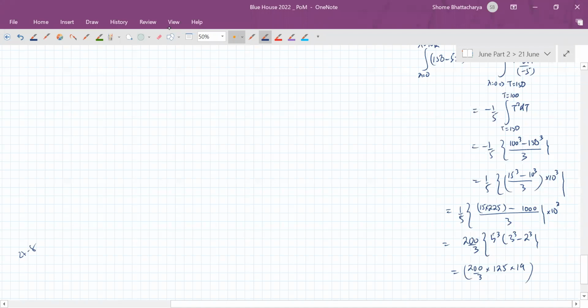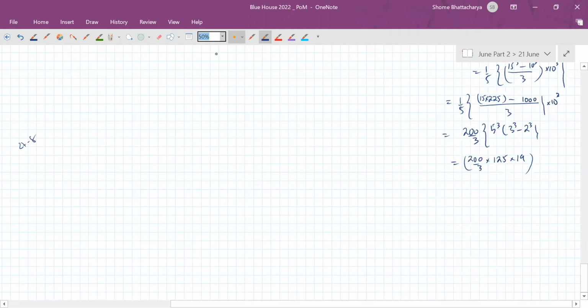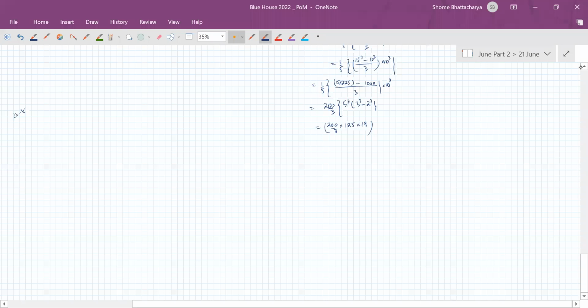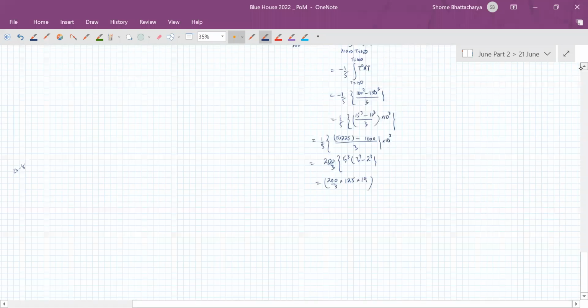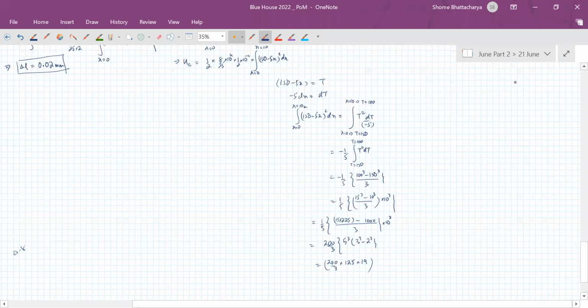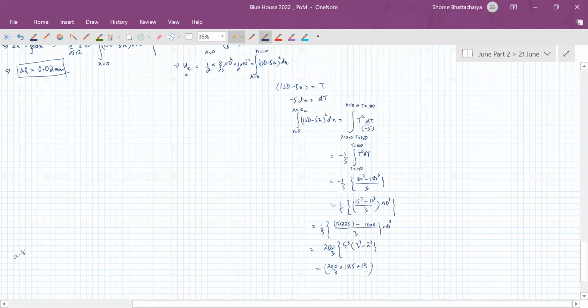So the full calculation we still have to work out. As far as this energy is concerned, it is equal to 8 by 25 into half, so 4 into 10 raised power minus 4 minus 11, so that's 10 raised power 7 into this integration.